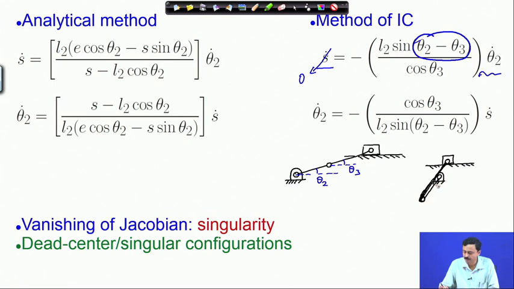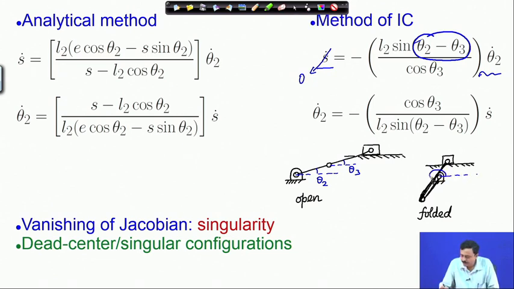We have names for them. This is the folded configuration, and this is the open configuration. So, here also the Jacobian vanishes. So, let us see why.